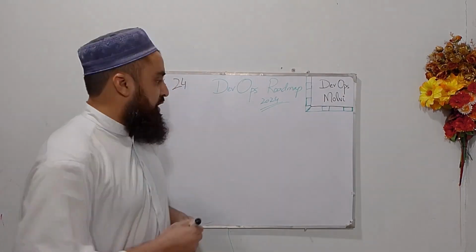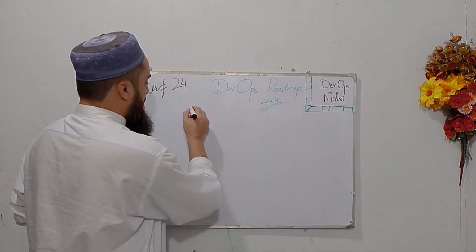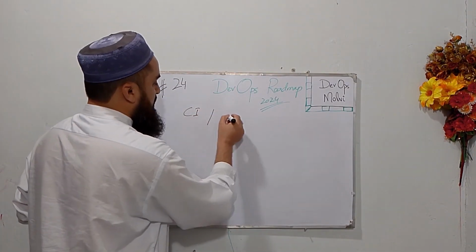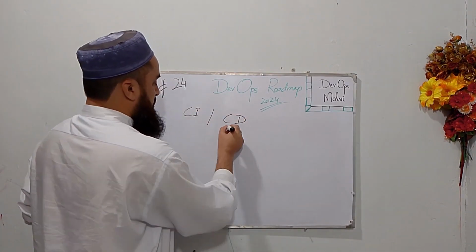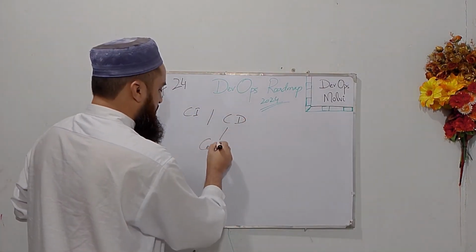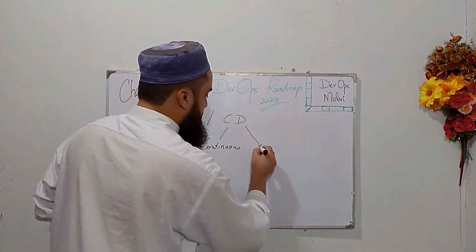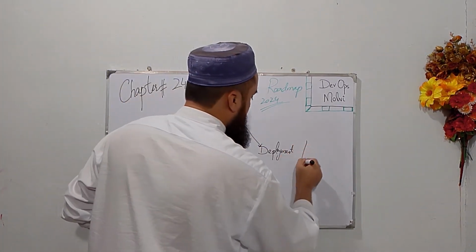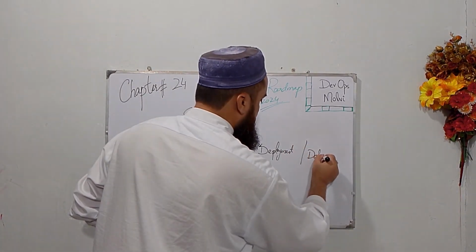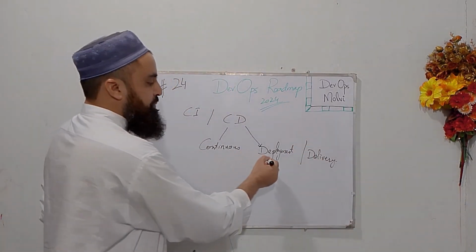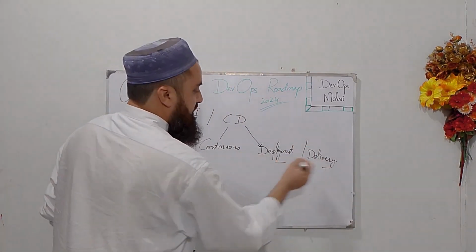Alright guys, now let's talk about the second part. We have covered CI and now CD, continuous deployment or continuous delivery. First of all, we should know the difference between deployment and delivery.